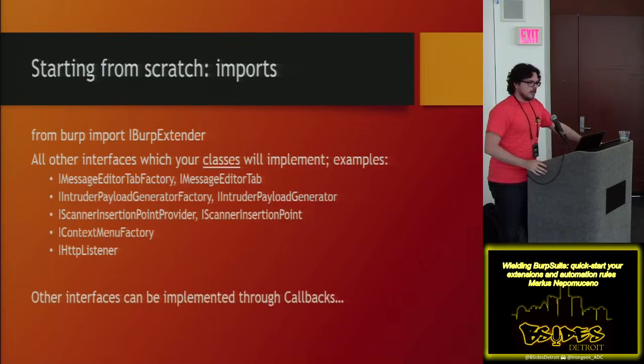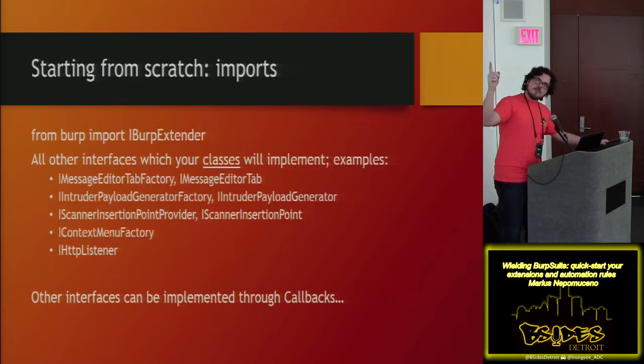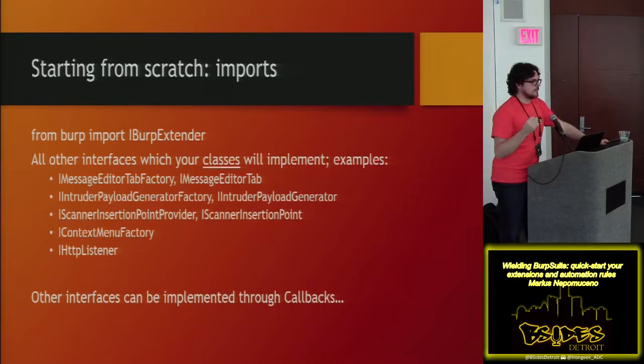So, going back a little bit, all of the interfaces that your actual classes will implement, only those need to be imported, because all of the other BurpSuite interfaces can be accessed through something called callbacks. So keep that in mind. We'll talk about callbacks in a bit as well.